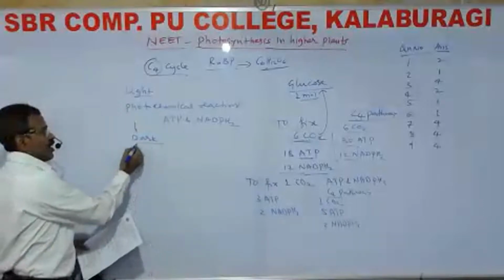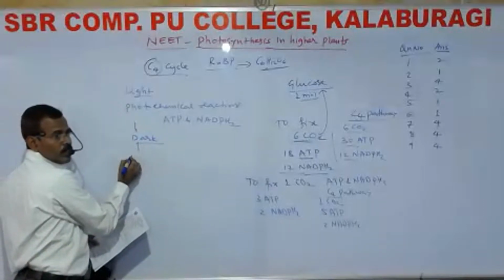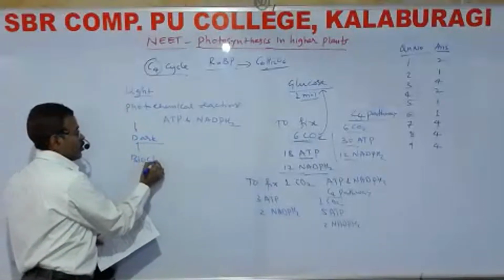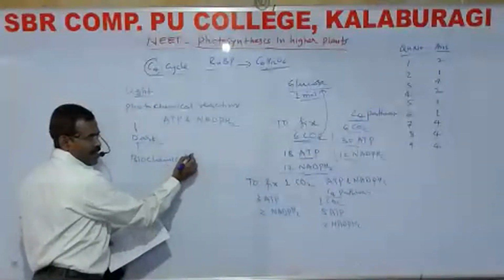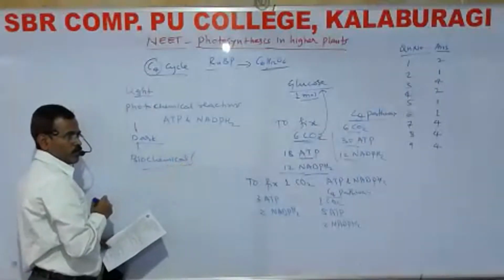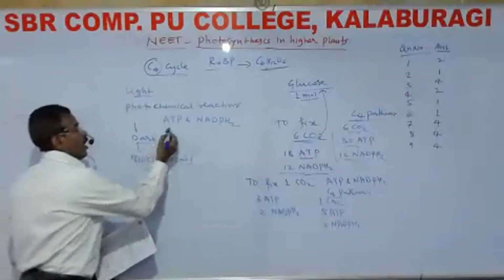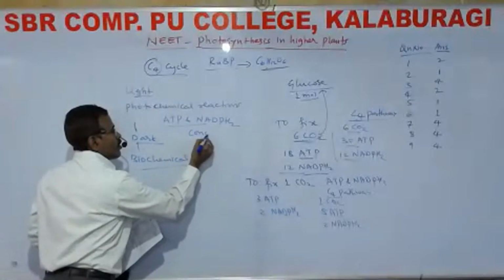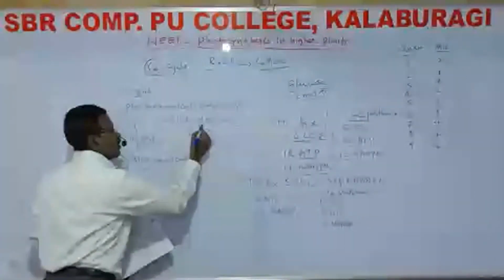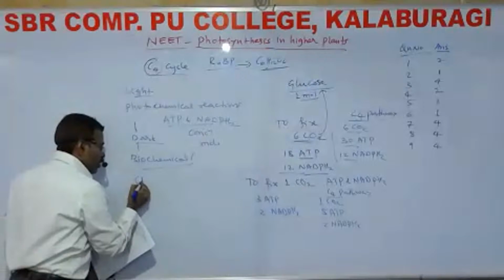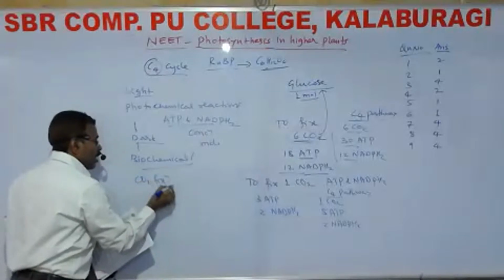Usually in that case, which reaction occurs? Biochemical reaction, or what we say, the Calvin cycle occurs. How long the concentration or molecules of these are there, carbon dioxide fixation will continue.